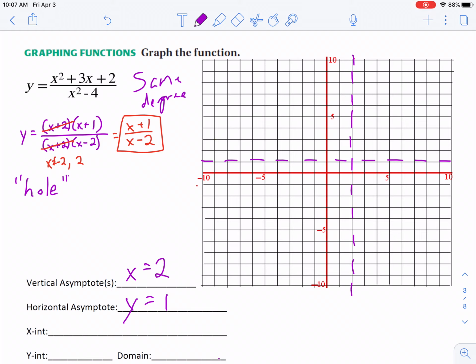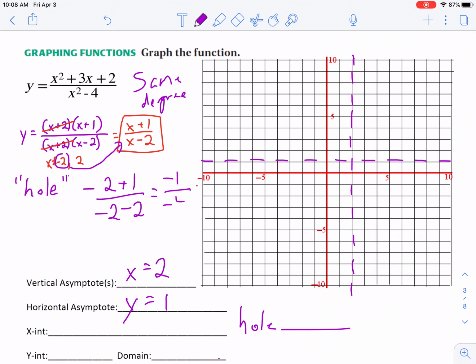Okay, a hole in the graph now is going to be at x equals negative 2. And to determine where the coordinate of the hole is, I take x equals negative 2 and I plug it into this equation over here. And so it becomes negative 2 plus 1 over negative 2 minus 2, which is negative 1 over negative 4, which is 1/4.